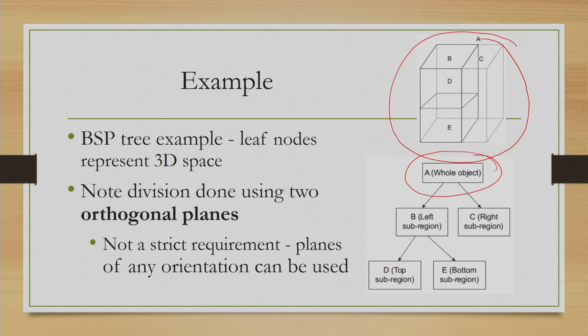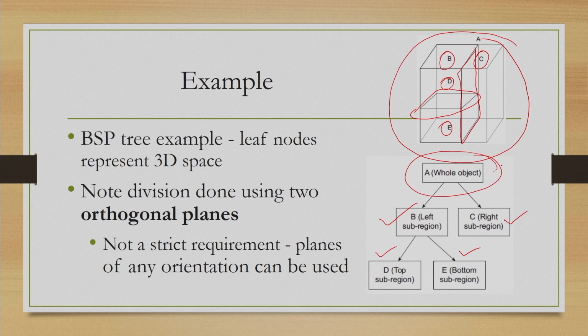Then we have used a plane, this one, to divide it into 2 regions, the left region B and the right region C, left with respect to the plane and right with respect to the plane, left subregion and right subregion. Then we have used another plane here to divide B into two subregions D and E.